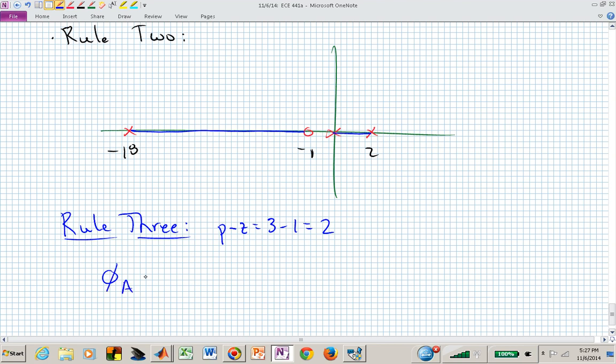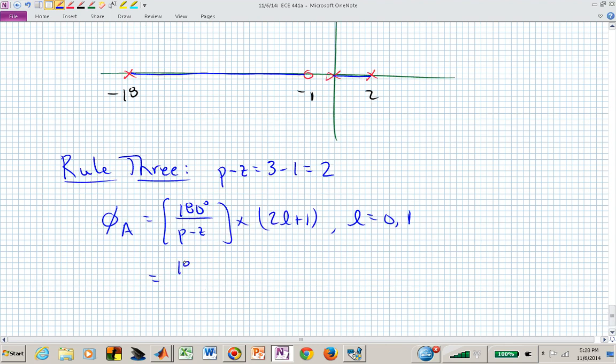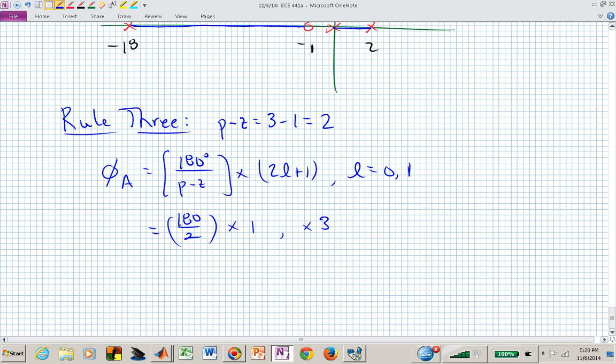Our asymptote angles are the same. They are at 180 divided by 2 times 1 and times 3, as we let L go from 0 to 1, or they're at 90 degrees and 270 degrees, or, again, phi sub A is plus and minus 90 degrees.